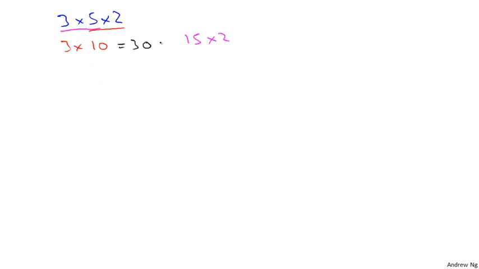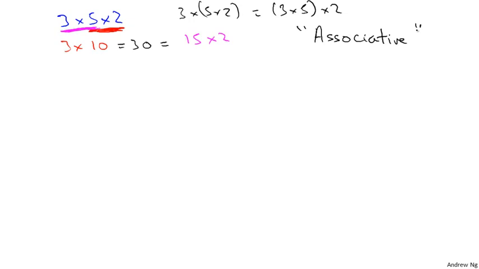Both of these are equal to 30. It doesn't matter whether I multiply 5 times 2 first, or whether I multiply 3 times 5 first. This is called the associative property of real number multiplication.